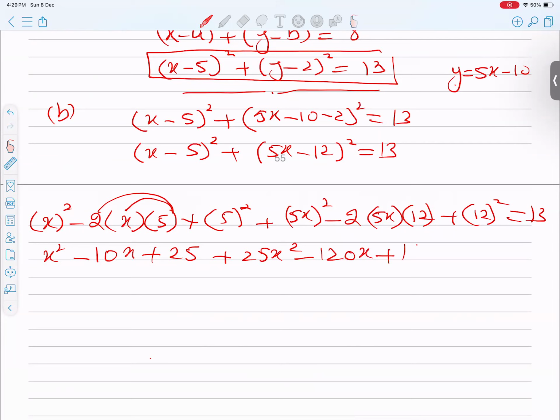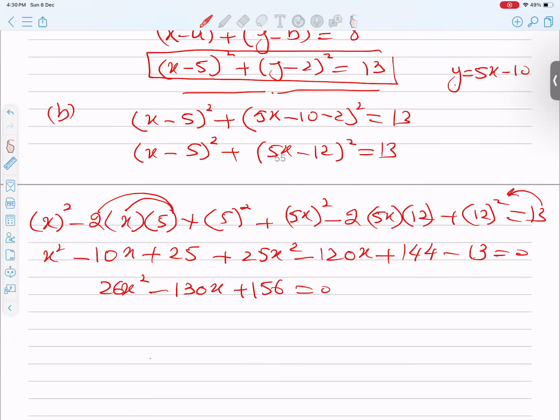And plus 144, and this 13 comes to this side. So this and this will give us 26x squared. This and this will give us negative 130x. And if I check, 144 plus 25 minus 13 will give us 156, equal to 0.